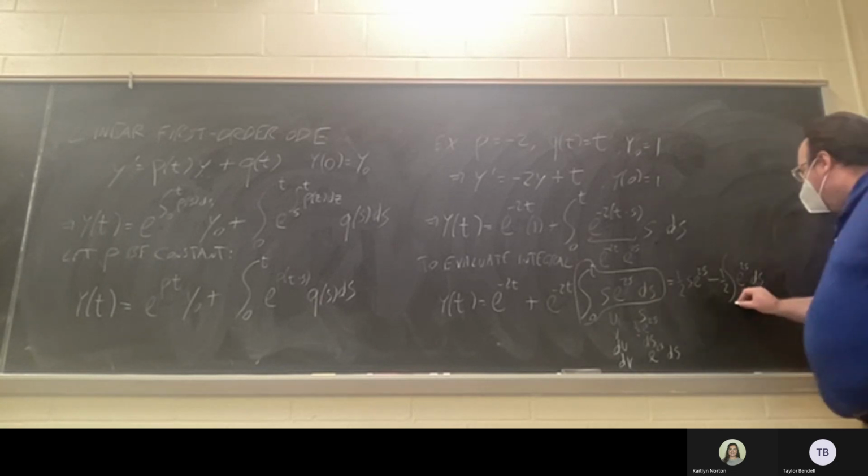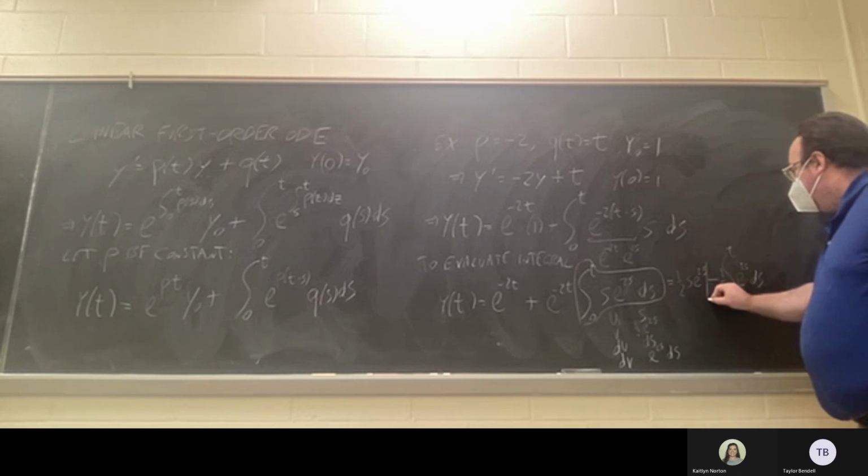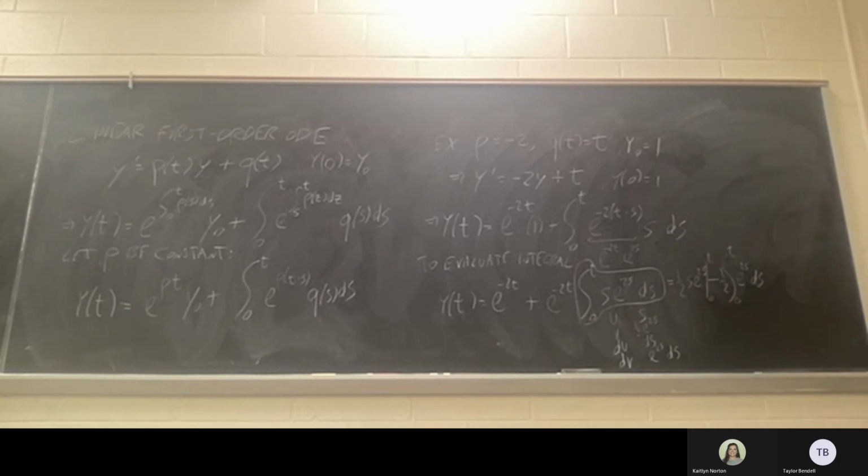Oh, I don't want to forget about my limits. This is a definite integral that we're doing. So for the remaining integral, e to the 2s, now we can do what you said earlier. You divide by the coefficient of s.